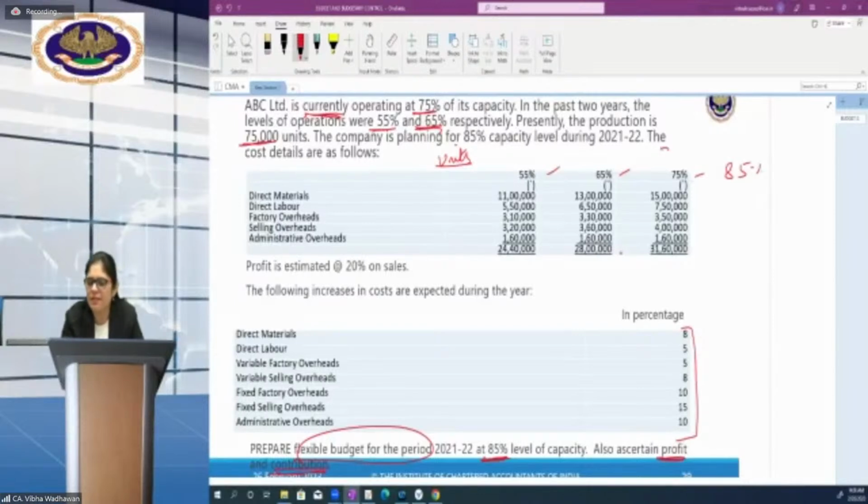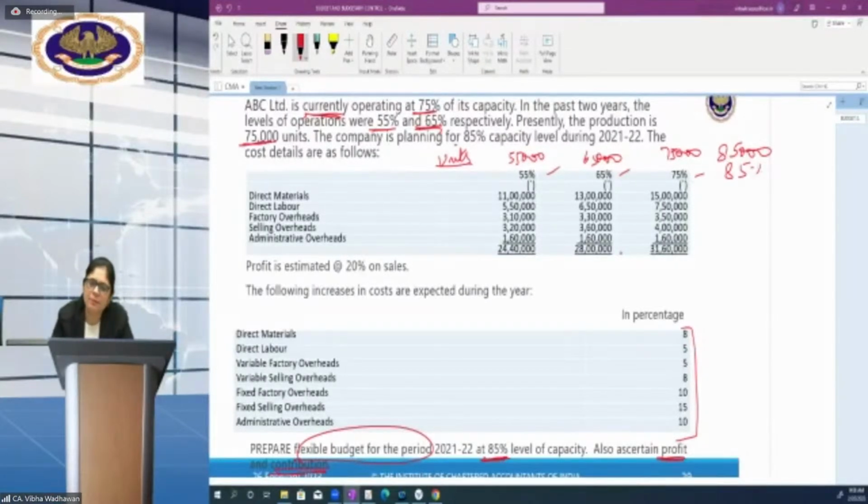For 75% it is 75,000. So you can calculate for other levels. It's very clear. It should be 55,000 for 55%, 65,000 for 65%, 85,000 for 85%. The first step should be the number of units.